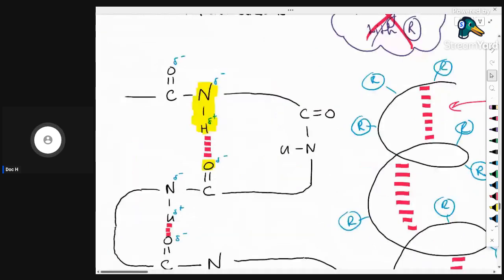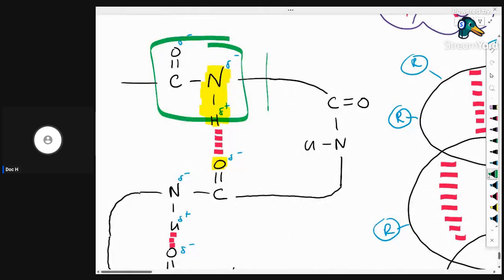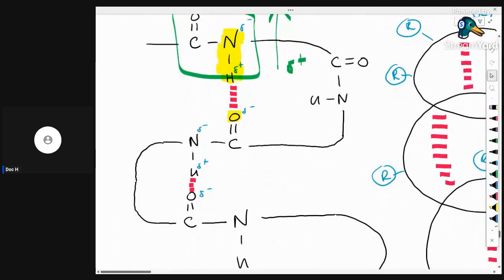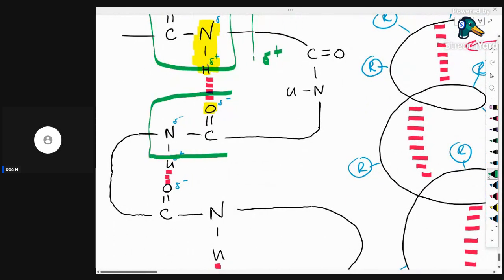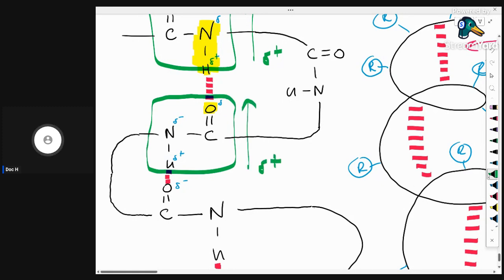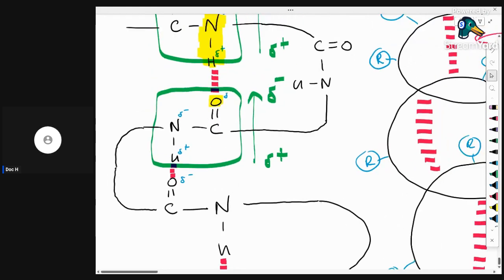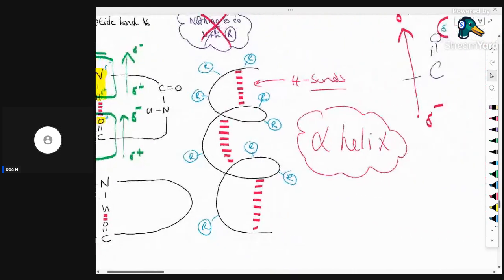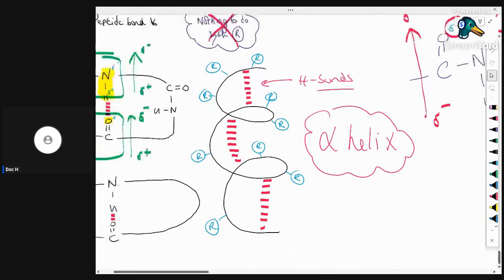So the dipole for this peptide bond is facing this way, where we've got our delta positive here, delta negative here. The dipole for this one, oops, missed the hydrogen out, there we go. Dipole for this peptide bond, again, delta positive at the bottom, delta negative at the top. Same thing for this one, right? So the whole helix has an overall dipole.